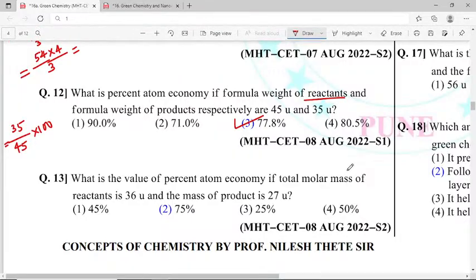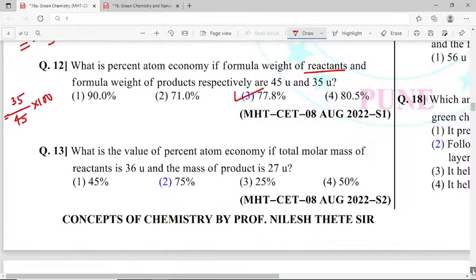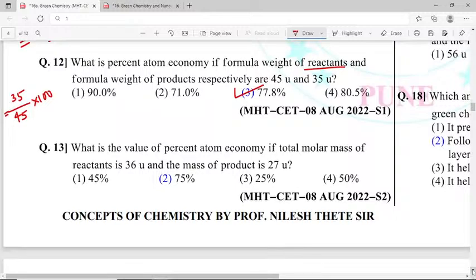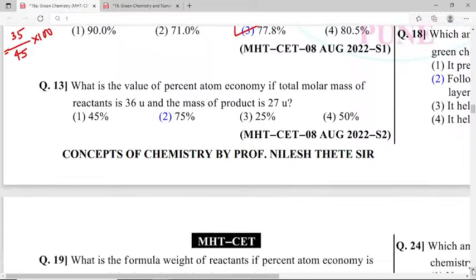Okay, next question. What is the value of the percent atom economy if the total molar mass of reactant and the total mass of product are given? So 27 is the mass of product divided by reactant 36, multiply by 100. So we'll get the answer 75.